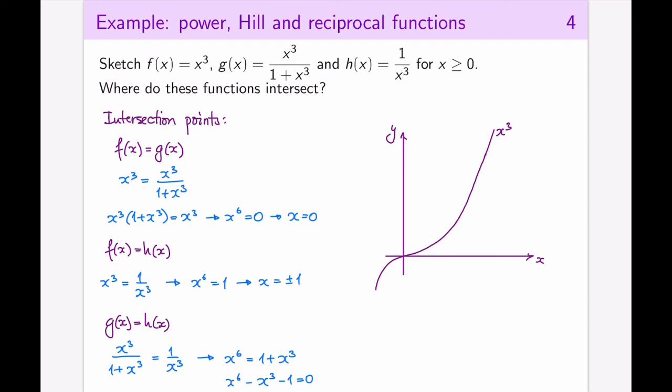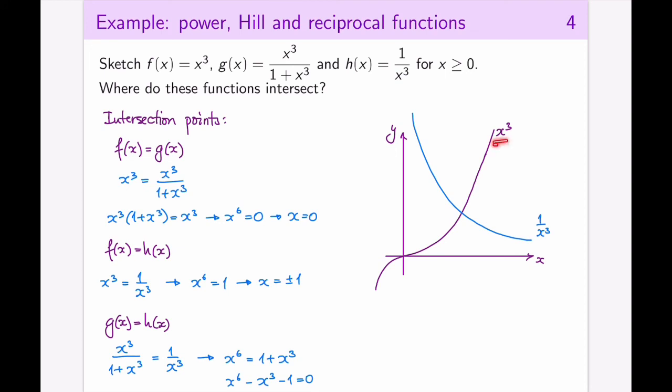So this is my x cubed. If you remember, 1 over x to an odd power will have a shape that is like this. And again, because we're only interested in what happens in the first quadrant, I can only draw one of these. This is my 1 over x cubed.